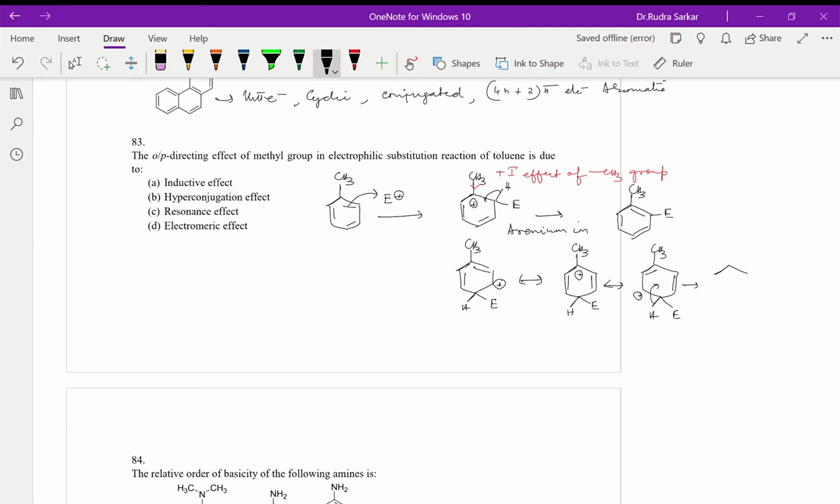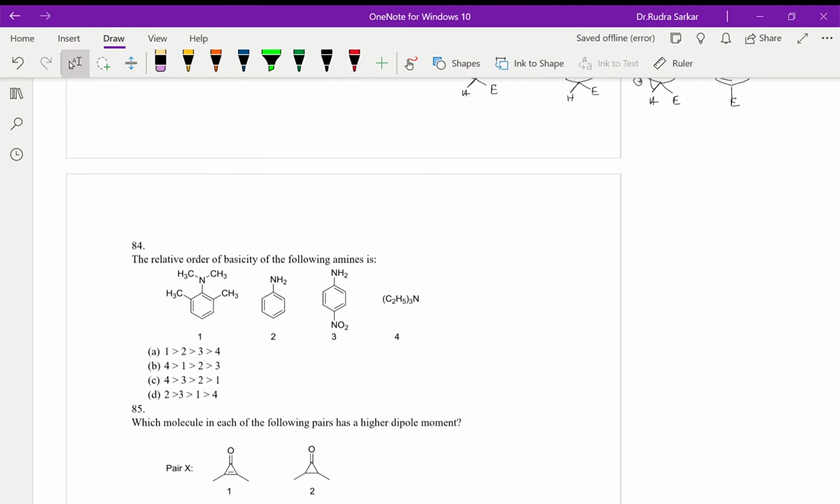And subsequently we have the product formed. So the correct option is option A.